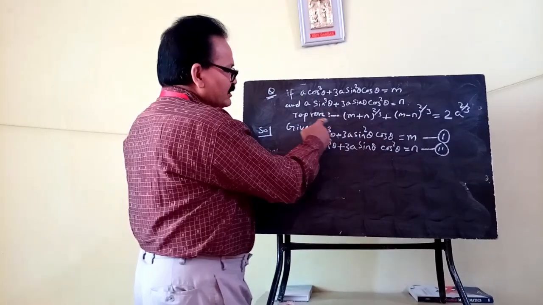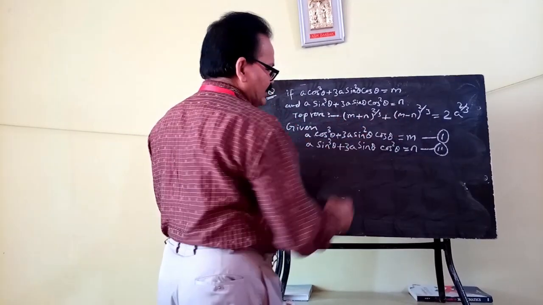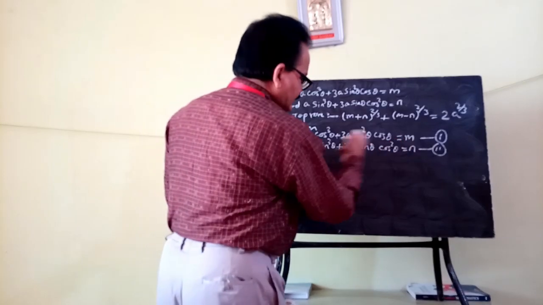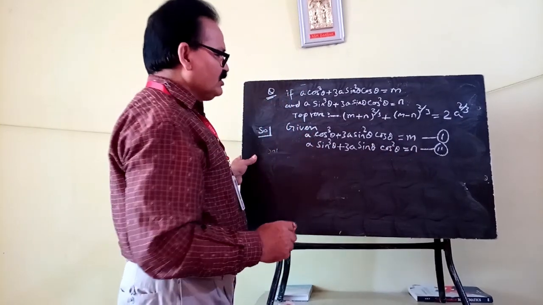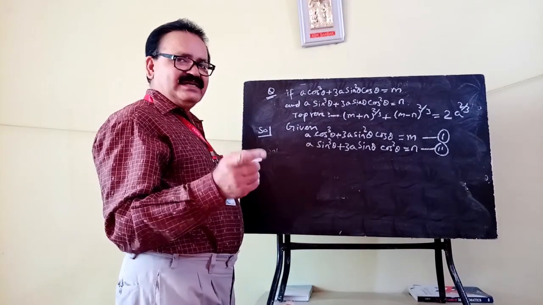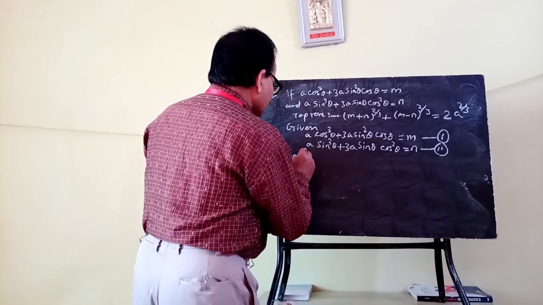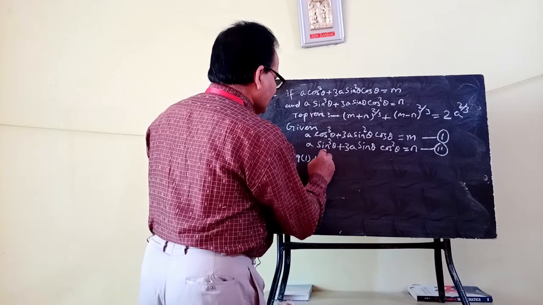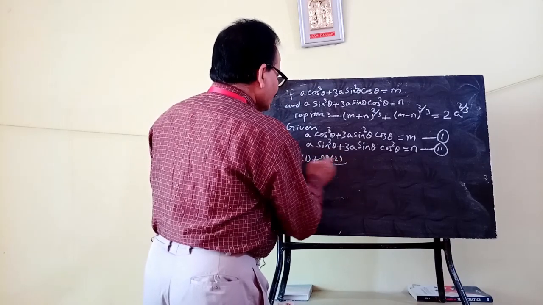You see, your LHS is m plus n and m minus n, and m is this much and n is this much. So your first target should be to just add and subtract. So here, equation 1 plus equation 2.